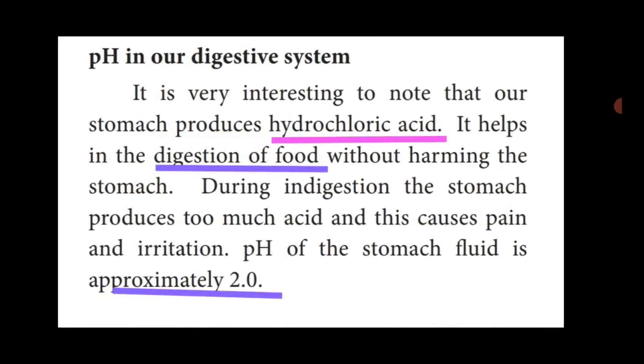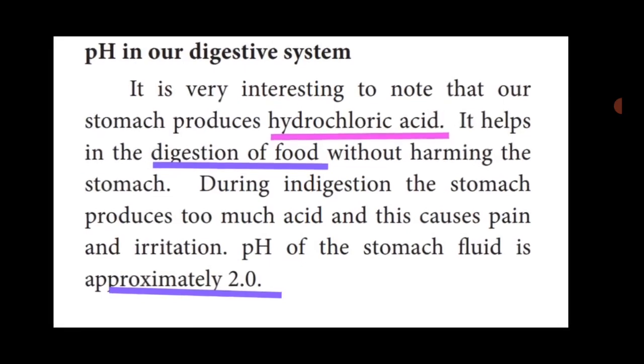Next one, pH in our digestive system. It is very interesting to note that our stomach produces hydrochloric acid. What is the formula of hydrochloric acid? HCl. It helps in the digestion of food without harming the stomach.